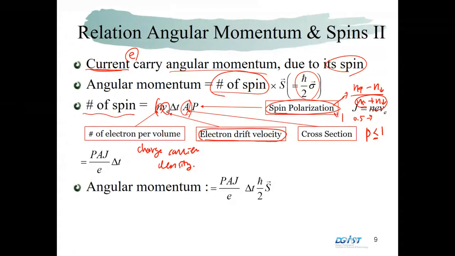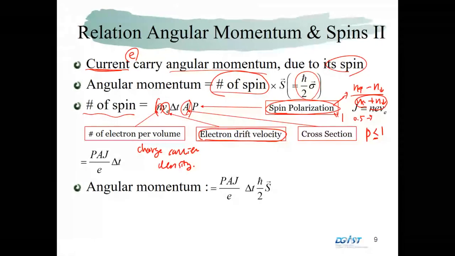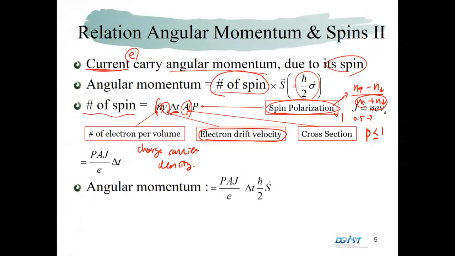And A is the cross-section of your wire. And delta t is, we are now talking about if you have some wire, and this is area A, and the number of electrons passing through this area during delta t.